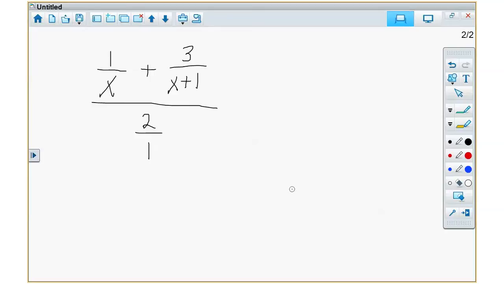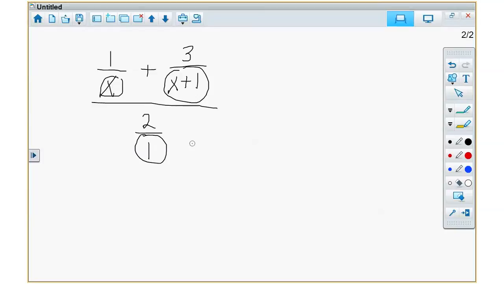What is the common denominator of all of these denominators? Well, the common denominator of all three of those things is x times x plus 1.